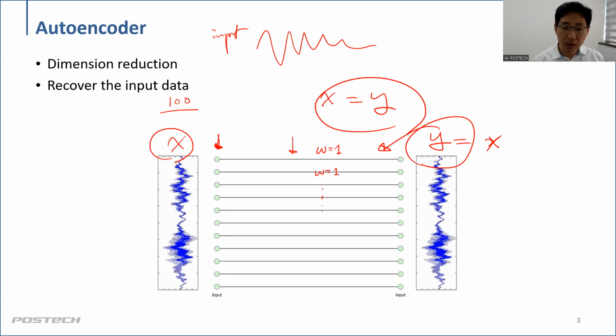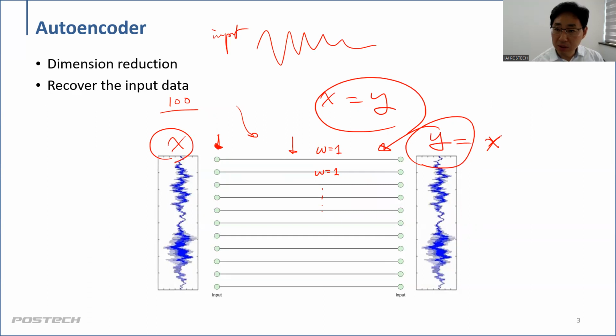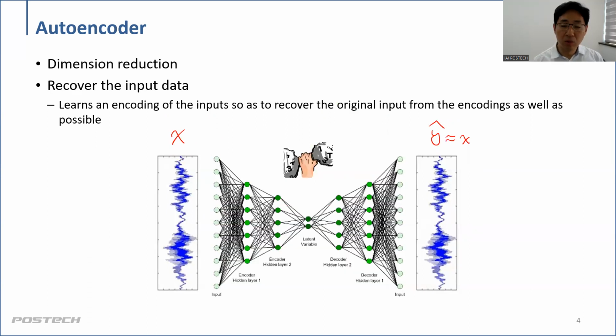So instead of having this kind of network structure, since this network is trivial, we decide to squeeze in the middle, like this.